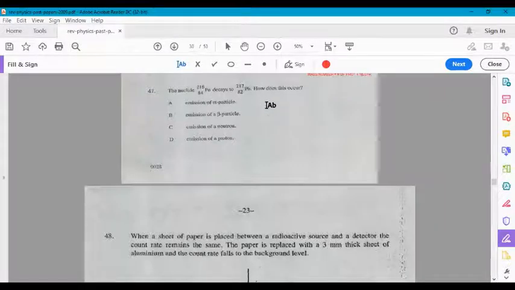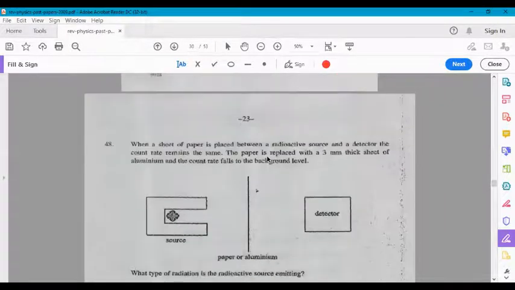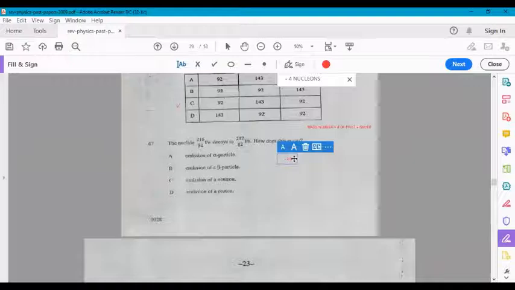So from the mass number, we see that it decreased by 4. 216 minus 212 is a decrease of 4. So we lost a total of 4 nucleons. Minus 4 nucleons.